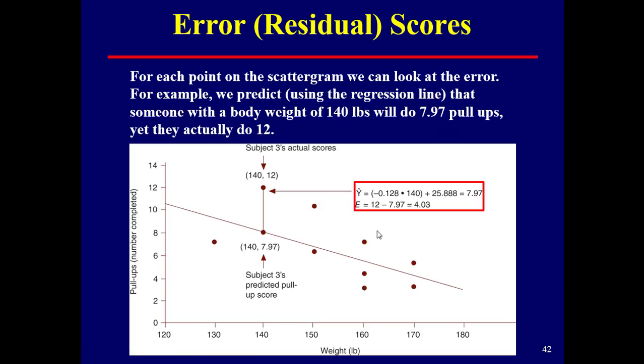So in order to understand that fully, we're going to start with just a basic understanding of error. Another term for error is what we call residual. If you recall, the guy who was 140 pounds is predicted by this equation here, and what you're going to see is that y predicted is equal to b, or the slope, times the x value, which in this case is body weight, okay?